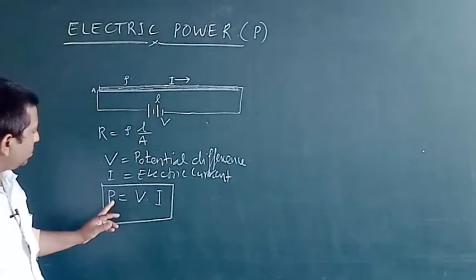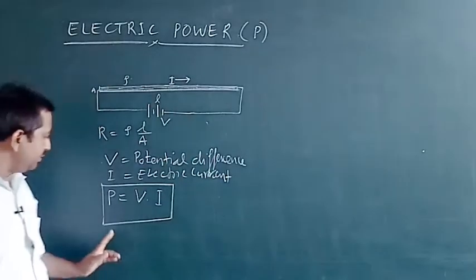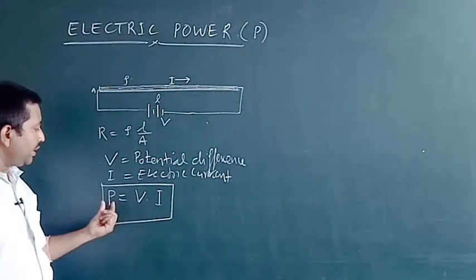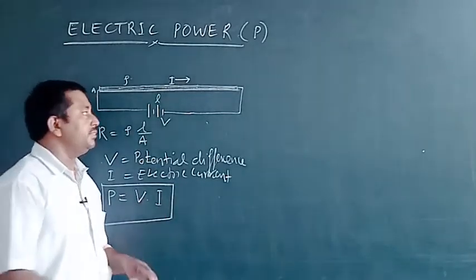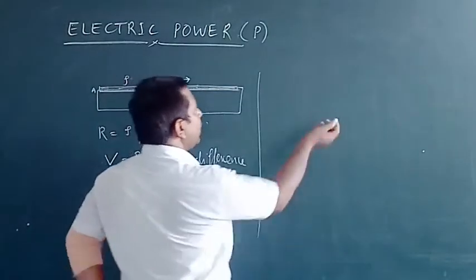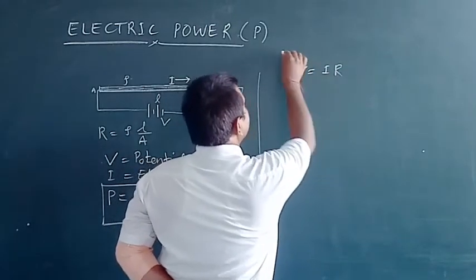Okay, so we can represent the electric power by a symbol P, and P will be expressed as P equal to V dot I. Now, as we know that V is equal to IR according to Ohm's law.